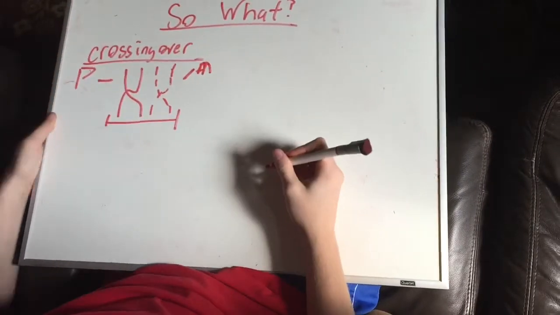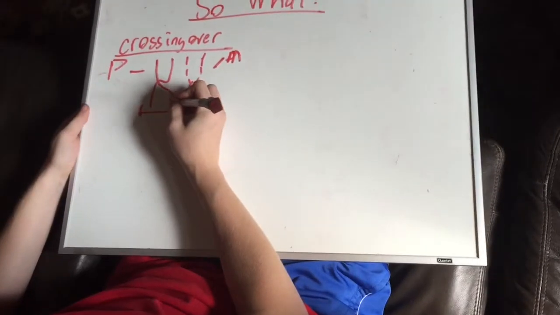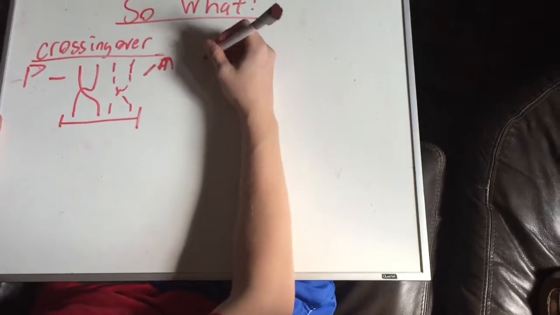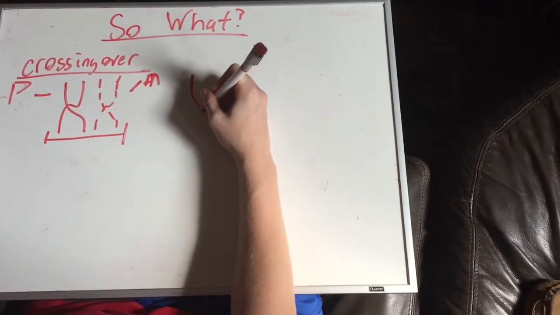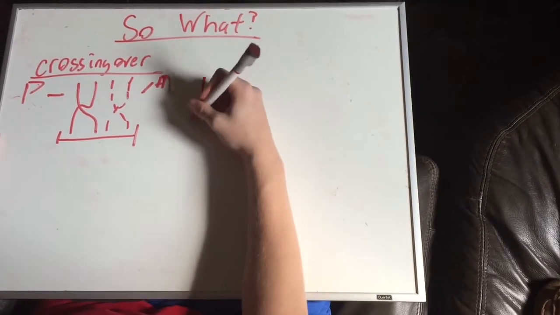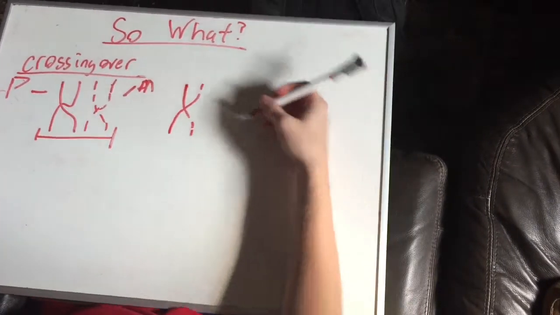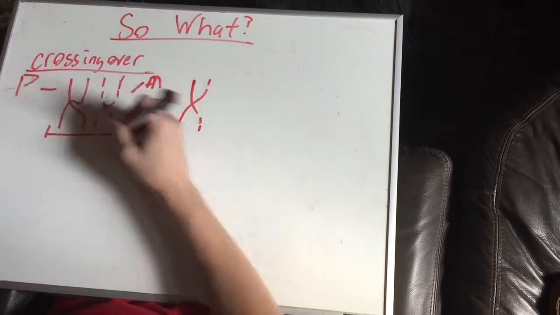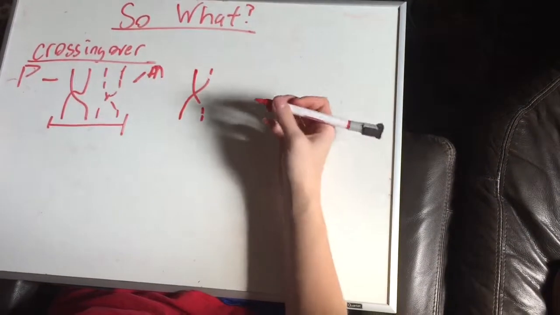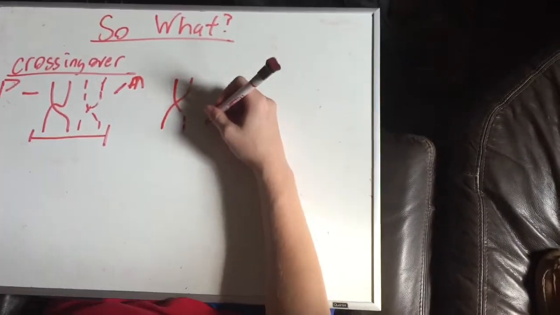Alright? So, if these were to cross over, you'd get unique chromosomes with a different combination of genes than either one of the originals seen in the parents of the twins that were passed on.